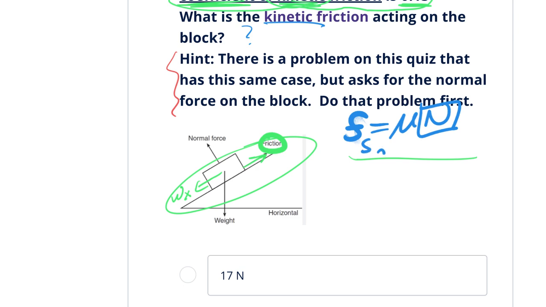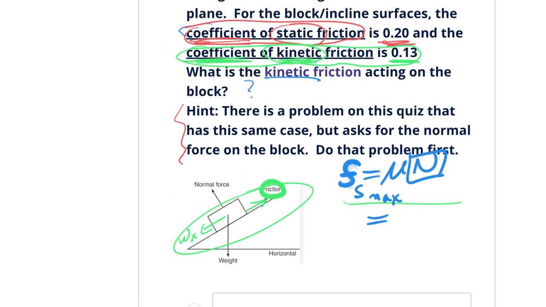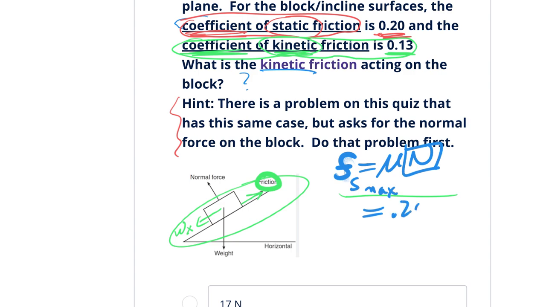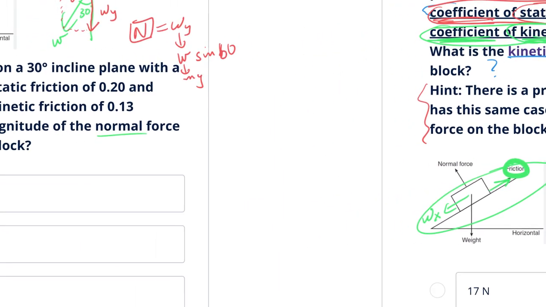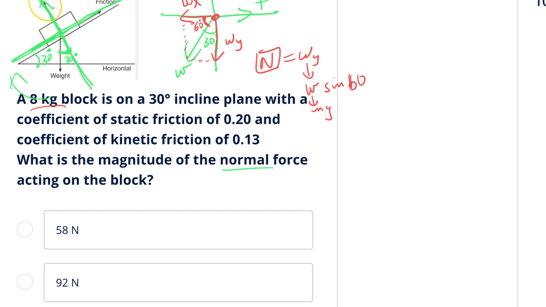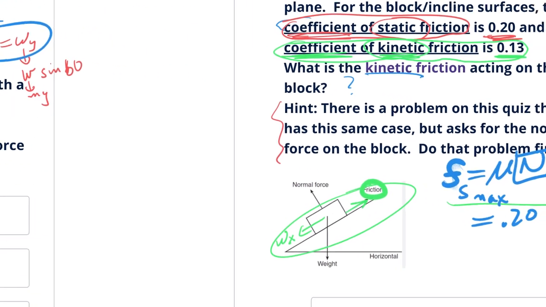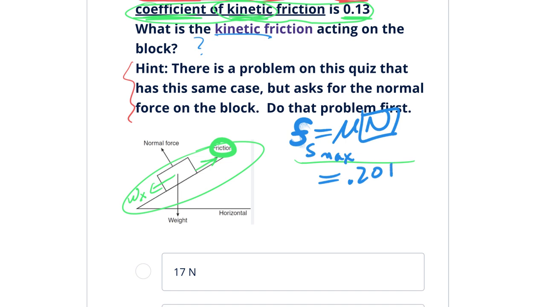So static friction maximum is 0.20 times the n from over here, whatever your answer is. So we have that. I'll let you plug that in.